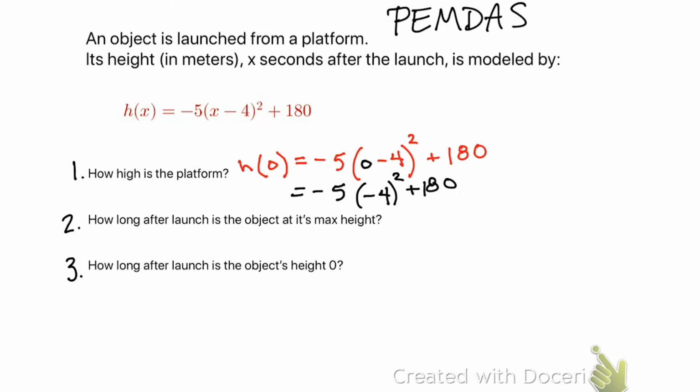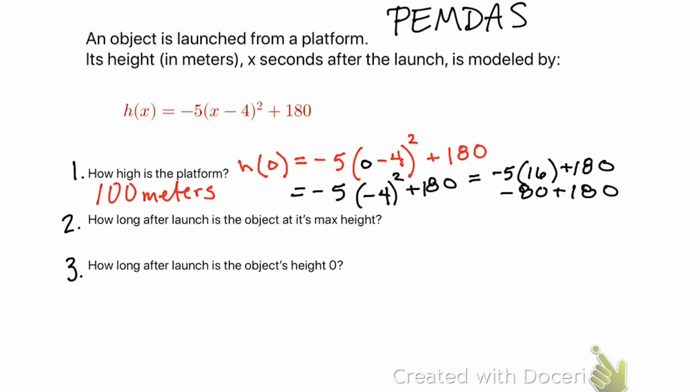So I had to do -4 squared. -4 squared is 16. -5 times 16 plus 180. Let me get on my calculator because I don't know what 5 times 16 is. You should get -80 here plus 180. Well, the height is going to be our final answer of 100 meters.